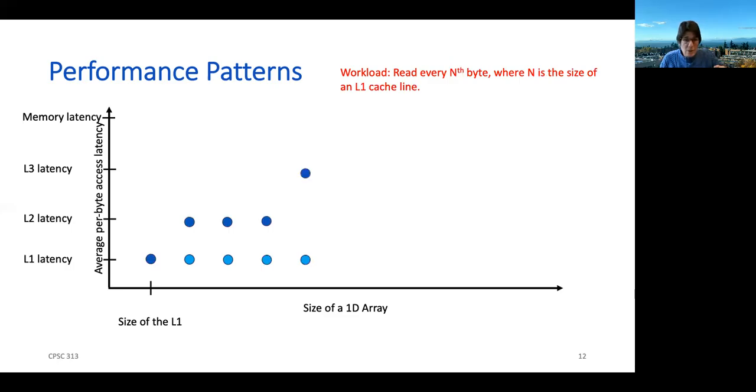Now, at some point, if my array gets big enough, it might be bigger than the L2. And so now I'm going to start falling out of the L2, and I'm going to see latency that looks more like the L3.